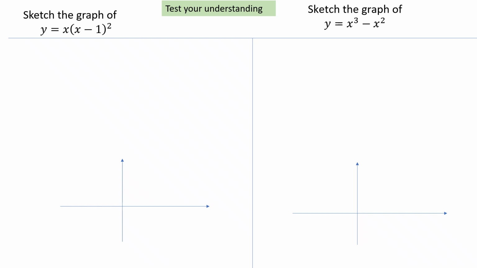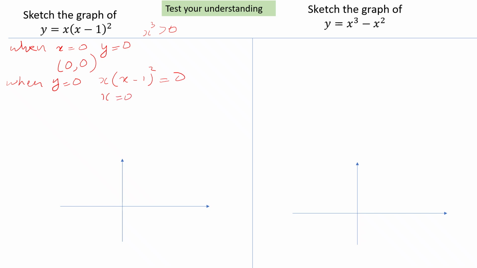Pause this video and try yourself. y equals x times (x - 1) squared. So this x cube is positive, greater than 0. So when x equals 0, y equals 0, so (0, 0) is 1 point. When y equals 0, x times (x - 1) squared equals 0.